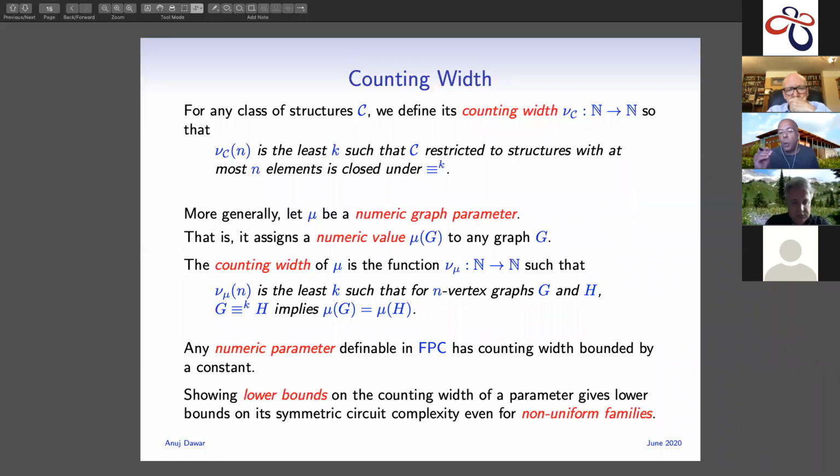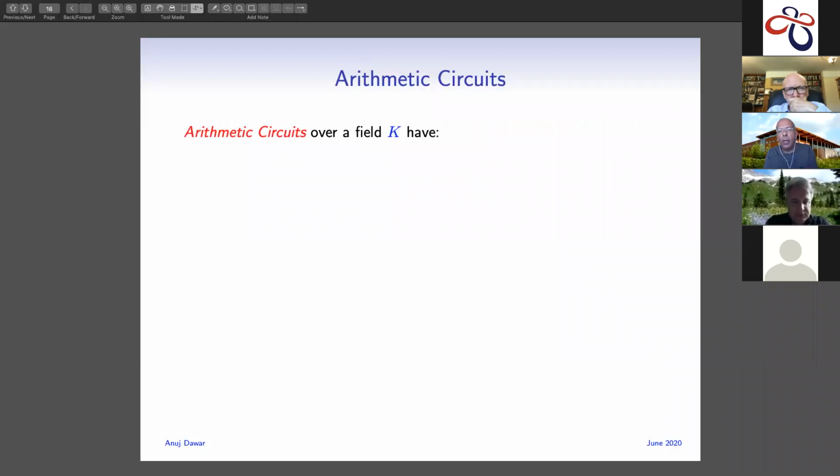And in fact, showing lower bounds on the counting width of a parameter gives lower bounds on the size of symmetric circuits, even for non-uniform families. So this counting width is a non-uniform measure rather than FPC, which was about P-uniform families. With that, I'm going to tell you about our recent work on arithmetic circuits.